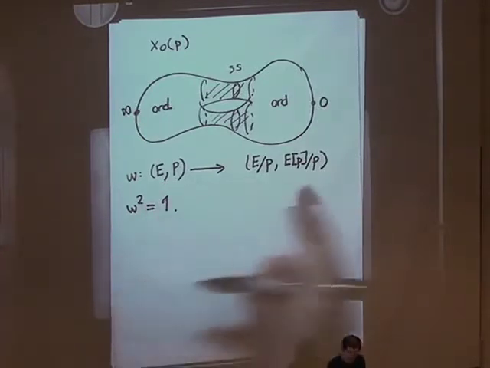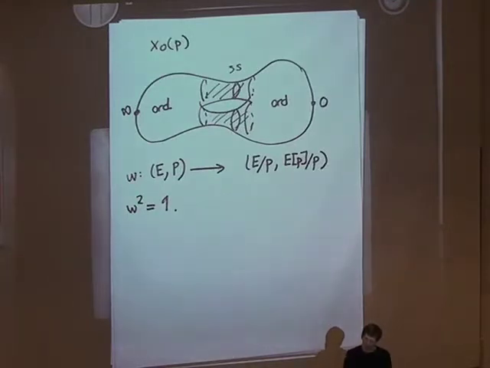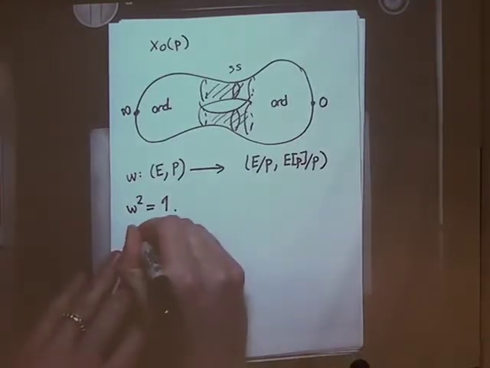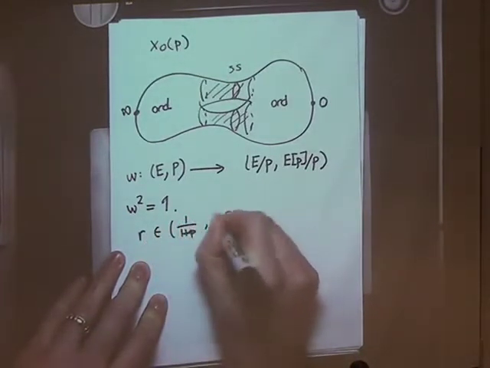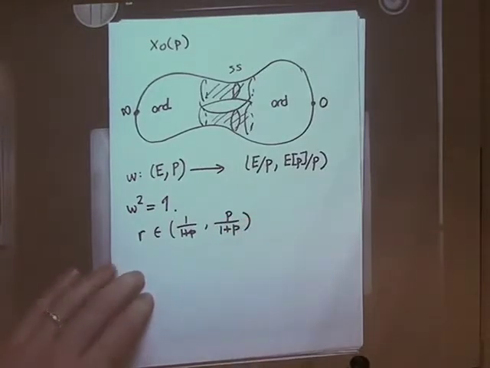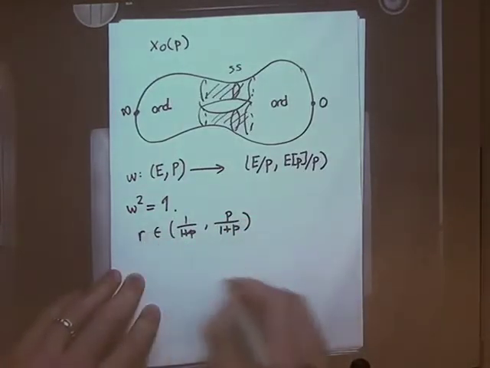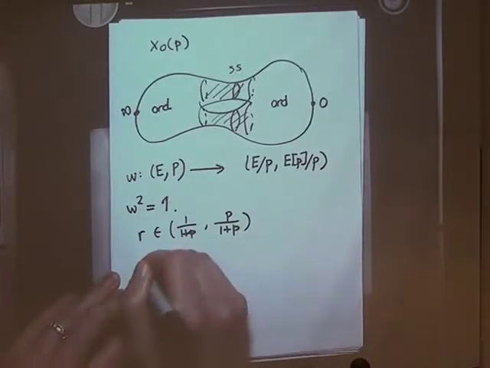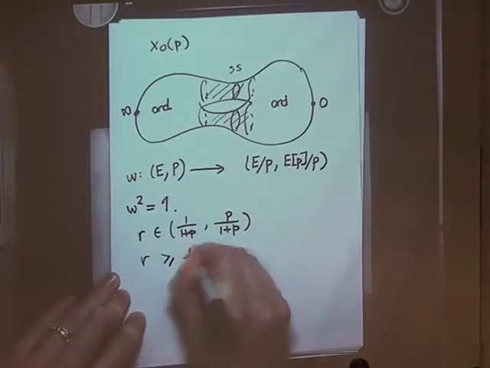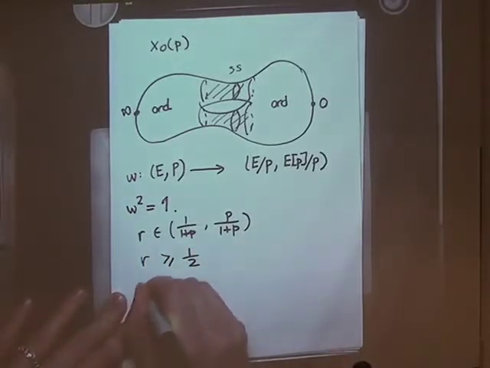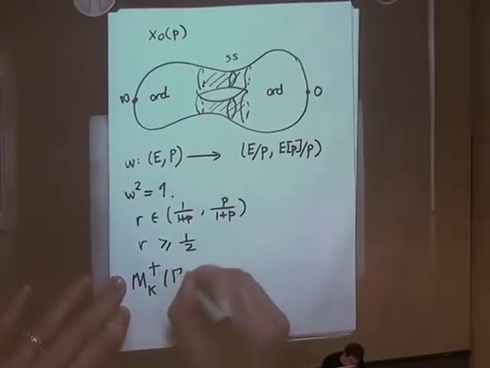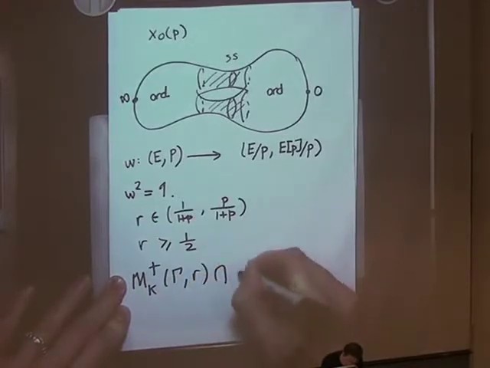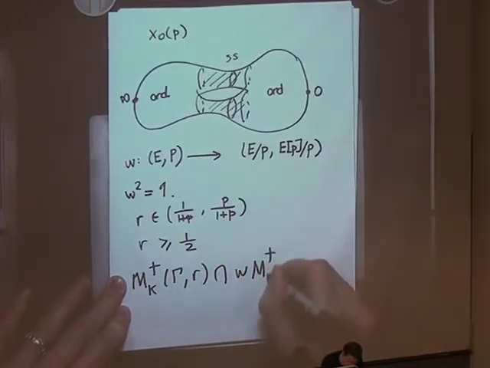You can also see what it does as far as the canonical subgroup goes. And in fact, suppose we take an r, say in the range 1/(1+p) and p/(1+p). And let's also now suppose that r is big enough, particularly if r is bigger than a half. Then there's an intersection between the overconvergent modular functions of radius r and the Fricke involution applied to these functions.